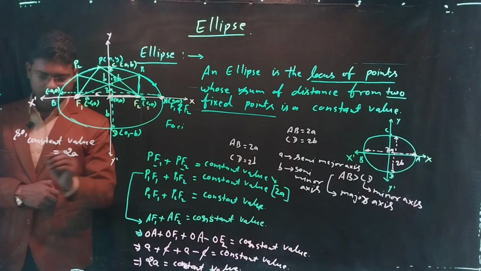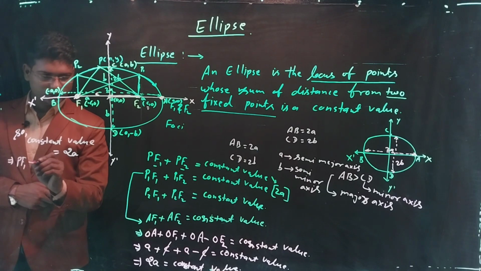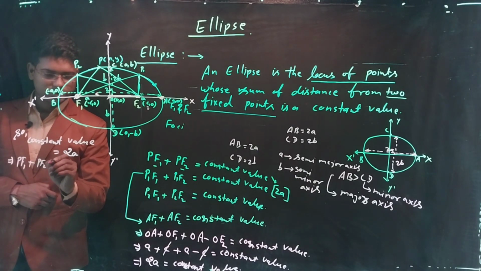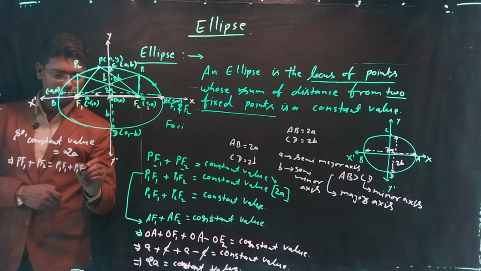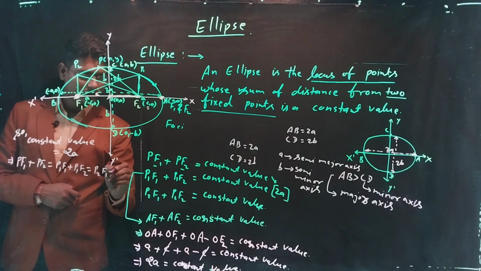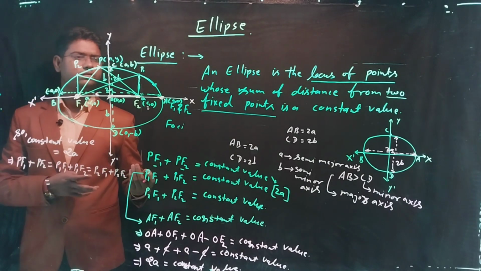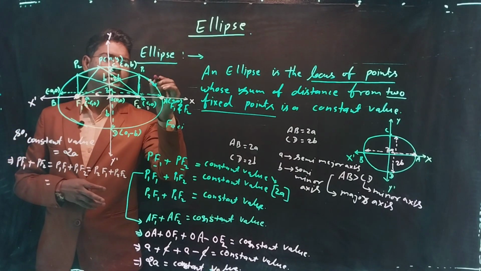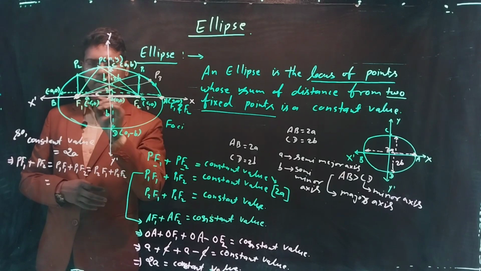We can write here PF1 plus PF2 is equal to P1F1 plus P1F2, is equal to what, students? P2F1 plus P2F2.